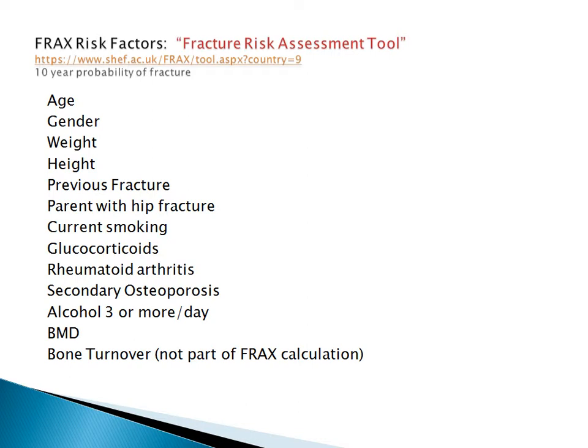The risk factors that FRAX looks at are age, gender, weight, height, which gives you a body mass index, history of previous fracture, a parent with a hip fracture, currently smoking, taking glucocorticoids, rheumatoid arthritis, secondary osteoporosis, which I'm going to show on the next slide with some examples of secondary causes, and alcohol, 3 or more drinks per day, and the bone mineral density. These are all included in the FRAX risk assessment tool.